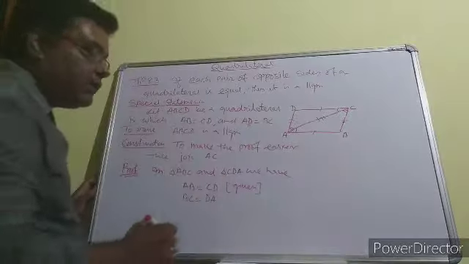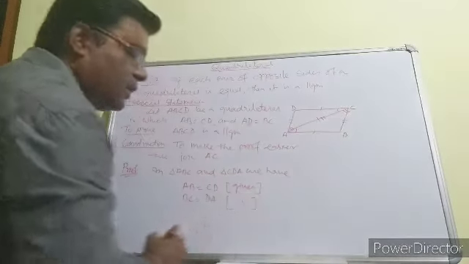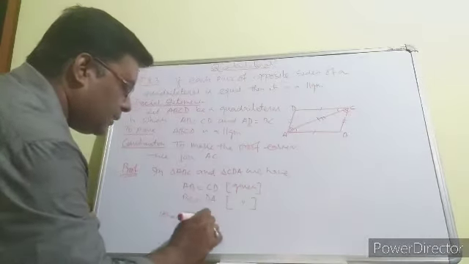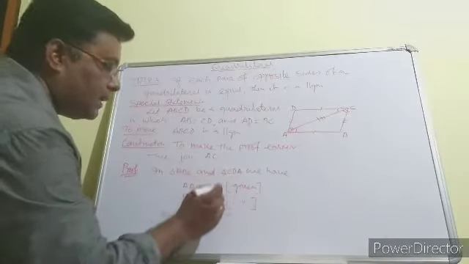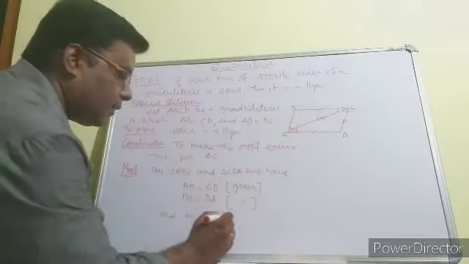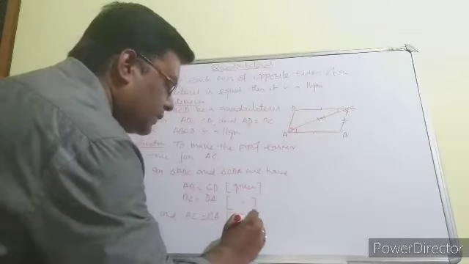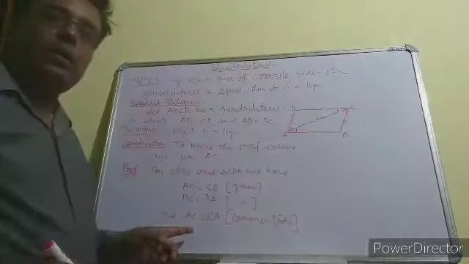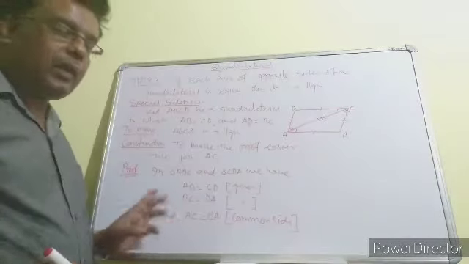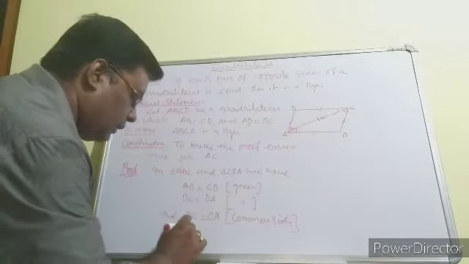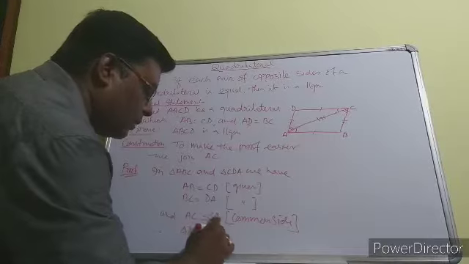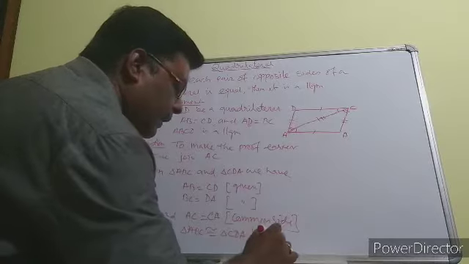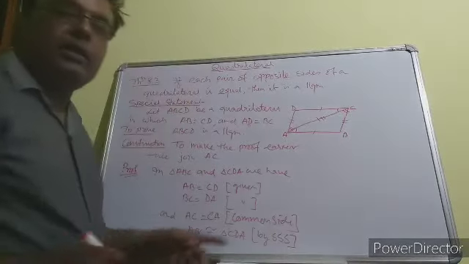BC and DA are equal, so they are also given, and AC is equal to CA. They are the common side. Therefore, triangle ABC is congruent with triangle CDA by SSS congruence rule.